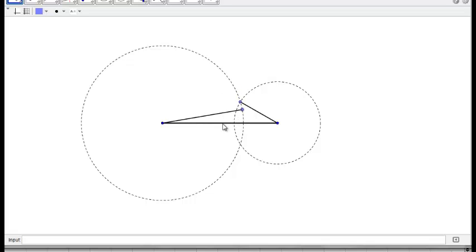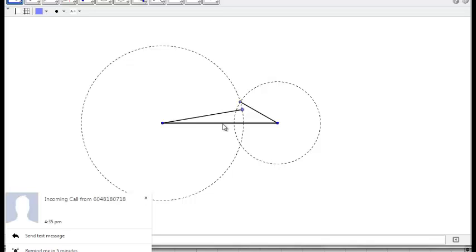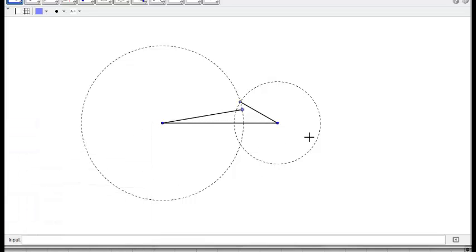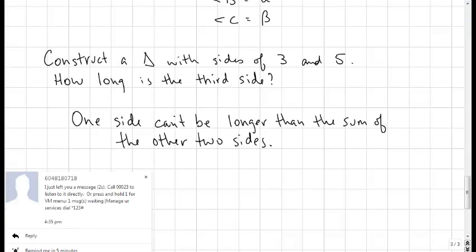That longest side, 5, can't be longer than the 3 and the other side put together, which means that the other side, this small side, has to be at least 2. If it's any smaller, then those two smaller sides are not going to add up to 5, and we're going to have a problem.